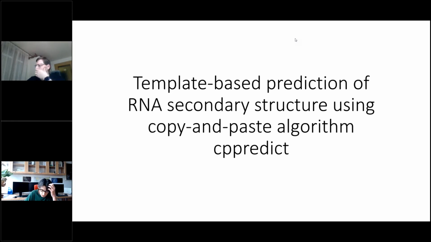I believe two or three years ago in PDB, I don't know how it is now, there were not more than 40 or 50 structures of RNAs, and most of them, or maybe even all, were identified in complex with proteins that stabilize the structures of RNAs. So that's why such methods have their use.